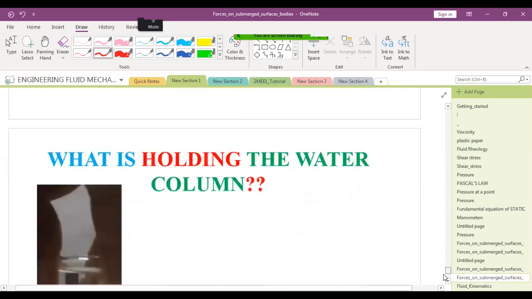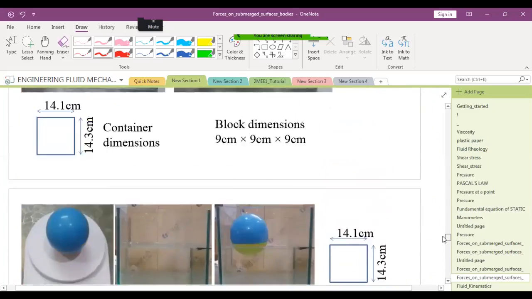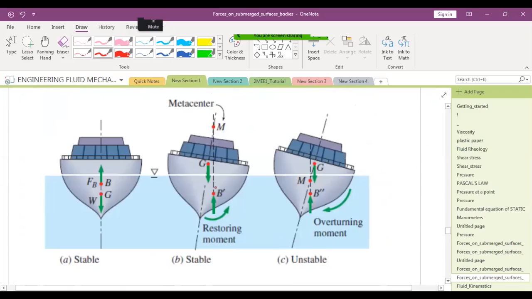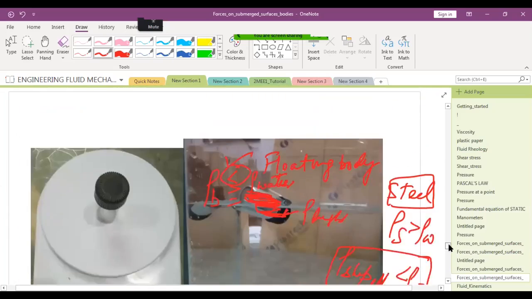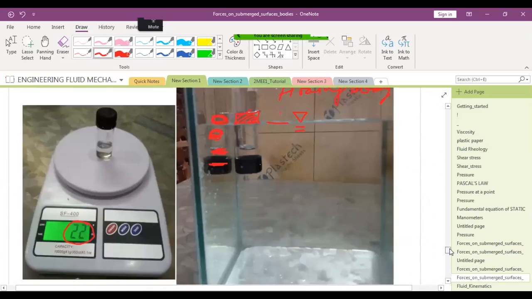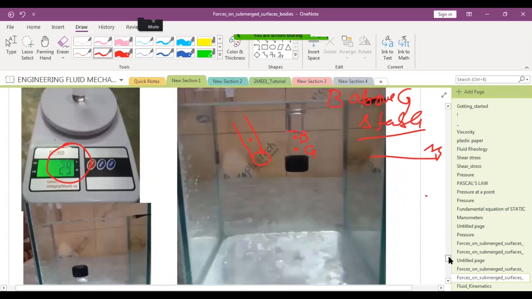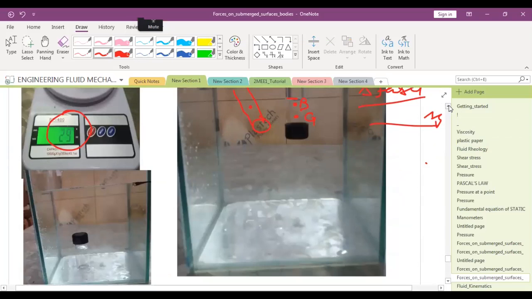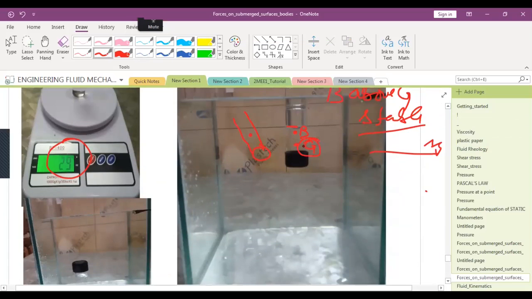Floating bodies में B changes because displaced fluid different हो जाता है, इस साइड ज्यादा displaced हो गया. मैं ये पूछ रहा हूं सबमर्ज बॉडीज में क्या B और G सेम लोकेशन रहती है कि चेंज हो जाएगी? G will not change. G can change or G will not change?